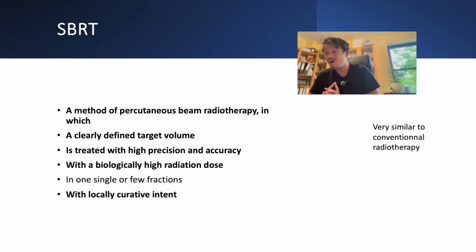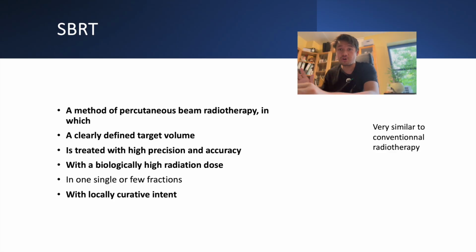So when you take all of this into account, the difference between SBRT and conventional radiotherapy becomes quite blurry. In the end, it mainly comes down to the number of fractions, but be careful: even in breast radiotherapy, for example, we now treat in just 5 fractions with the FAST-Forward schedule, so the line isn't always that clear.